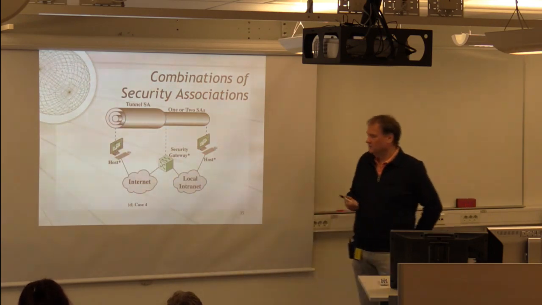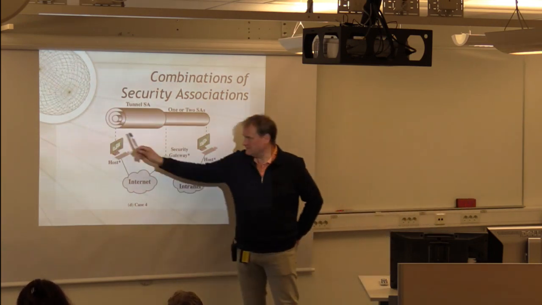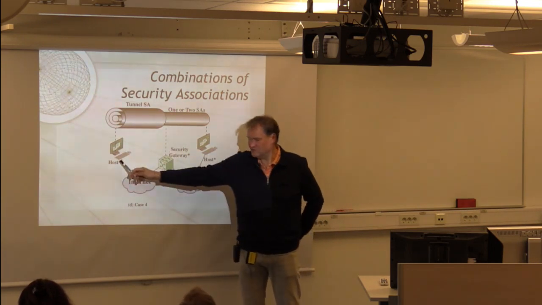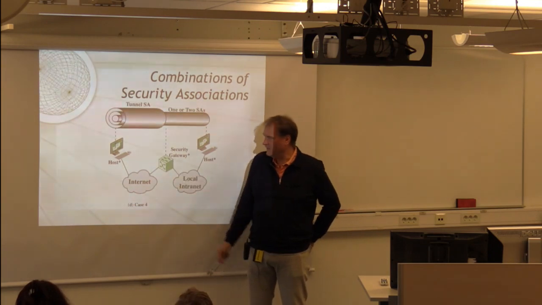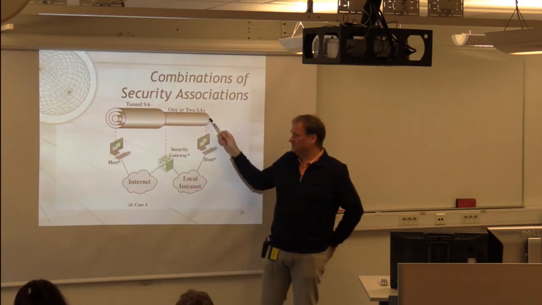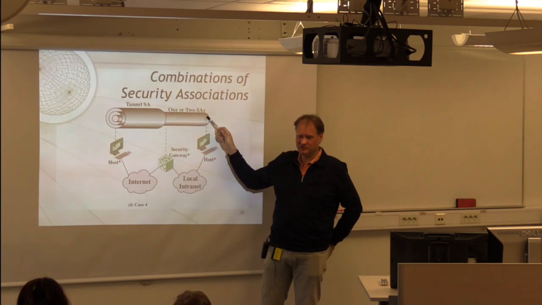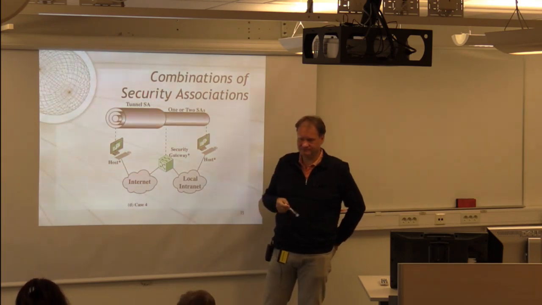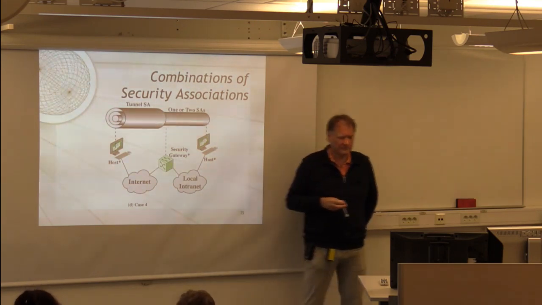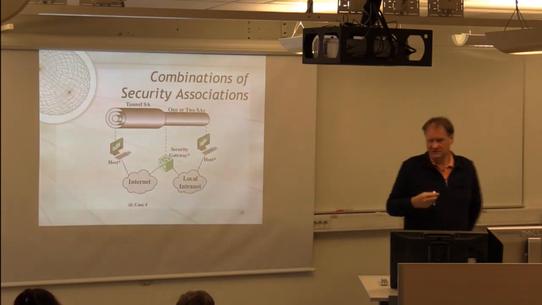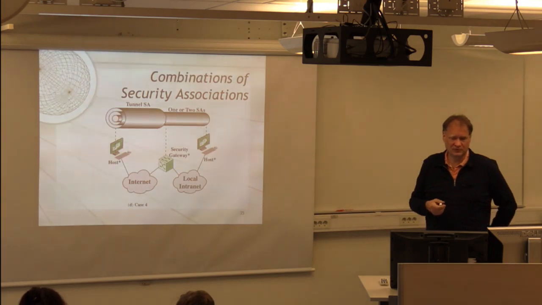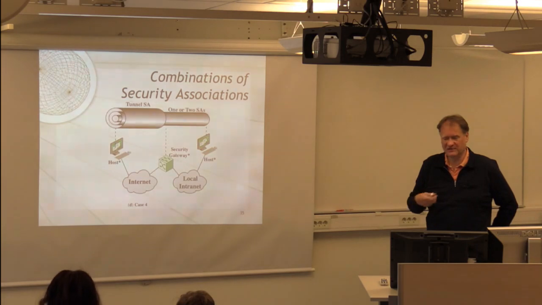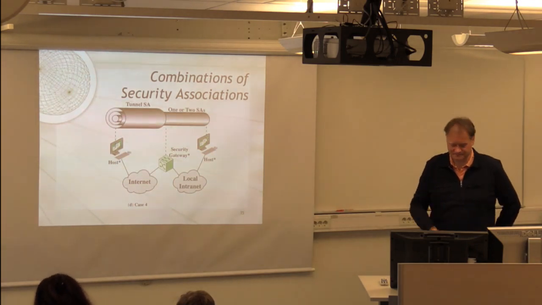So first, the remote worker creates a tunnel between his own machine and the router to the network he connects to, and then within that he creates transport security end-to-end. So all of these are possible scenarios, all are used in different cases. It really depends on your situation which one is best.